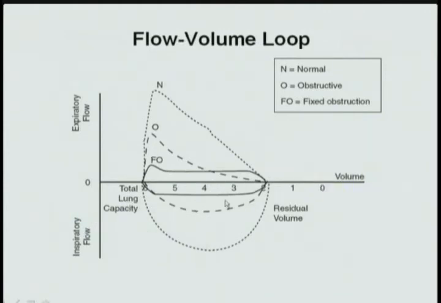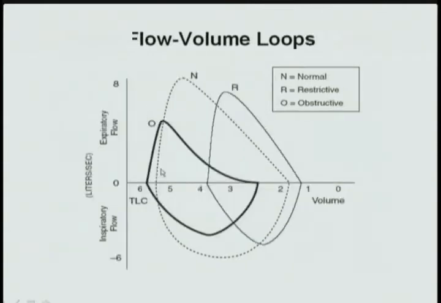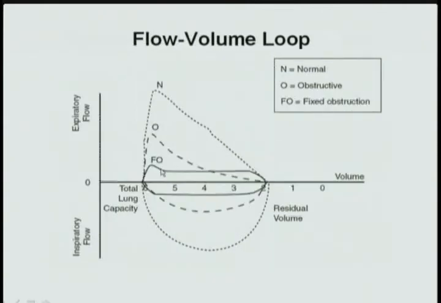Look at this now. Volume in the lung increases from right to left. From right to left. That's the interesting thing. That's what you have to remember, because otherwise you don't remember how these things work. Now if you look at this graph here, if you go to the end of the inspiration, right?